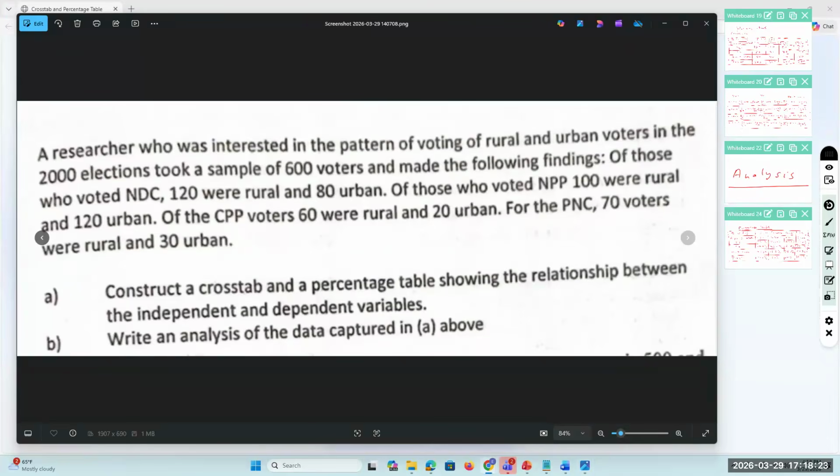A researcher who was interested in the pattern of voting of rural and urban voters in the 2000 elections took a sample of 600 voters and made the following findings. Of those who voted NDC, 120 were rural and 80 urban.